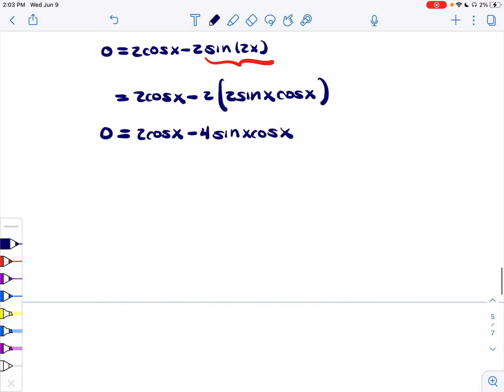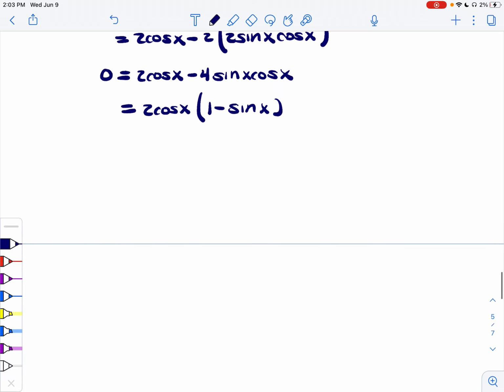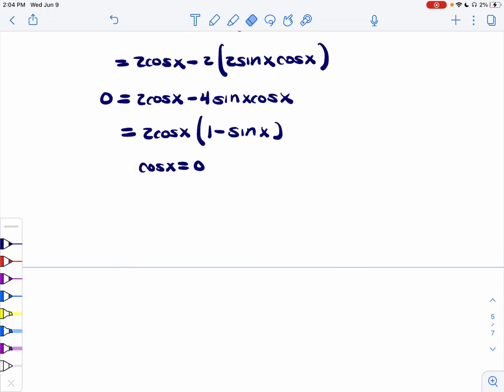So if we want to solve this, we just need to factor it. We can pull out a GCF of cosine of x. Actually, we could pull out a 2 cosine of x. Setting each factor equal to 0, we have cosine of x is equal to 0, and then, oops, I'm sorry, I made a mistake here.